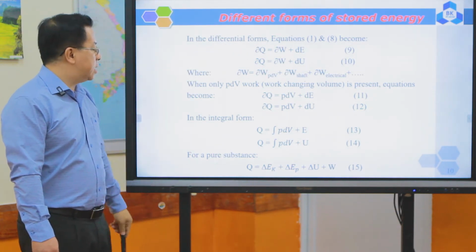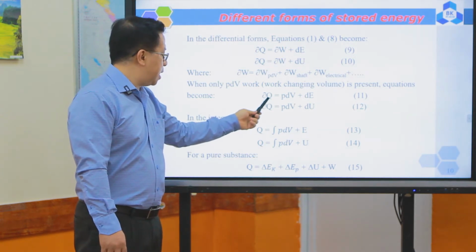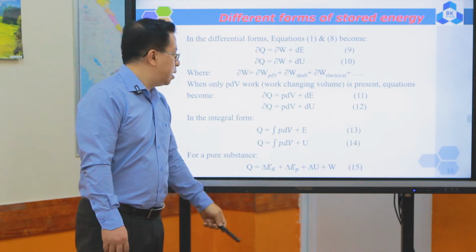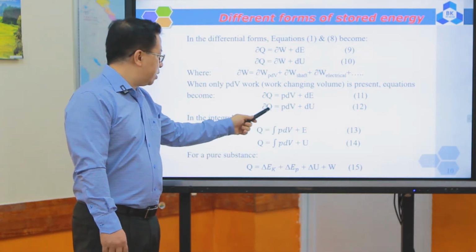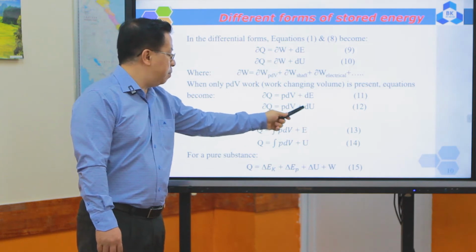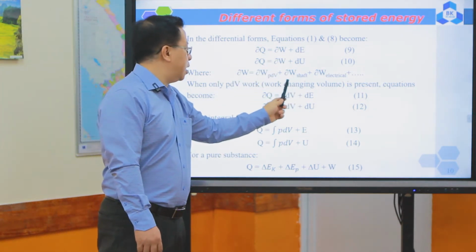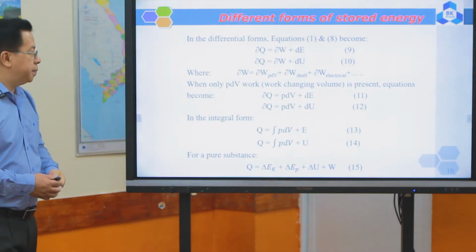So equations 9 and 10 will be written again as delta Q equal to P dV plus dE, or delta Q equal to P dV plus dU, because we ignore the other forms of work.